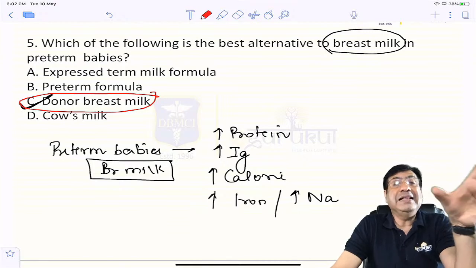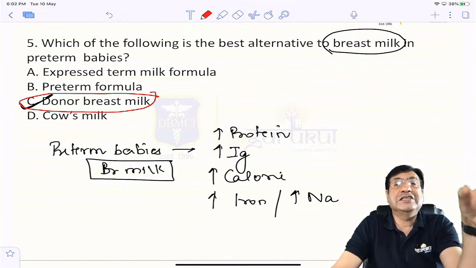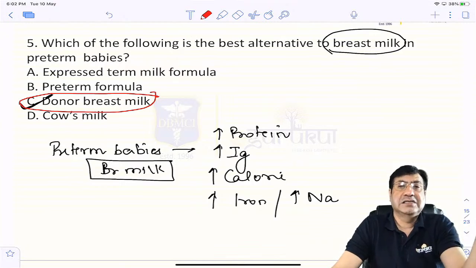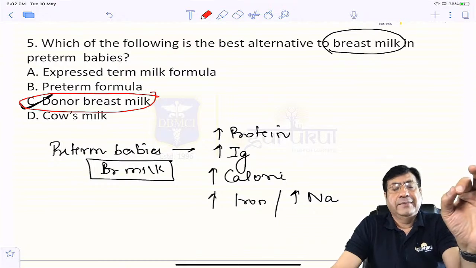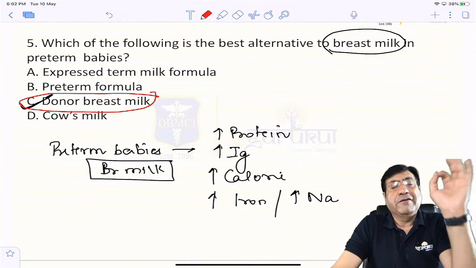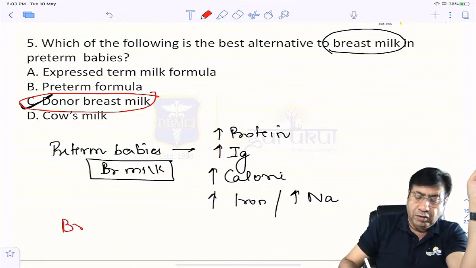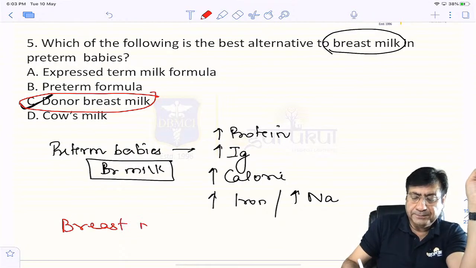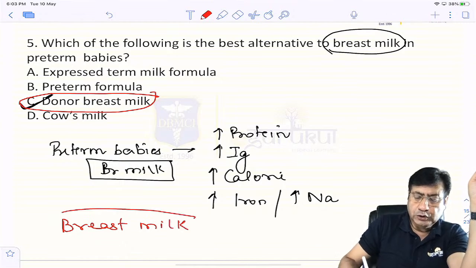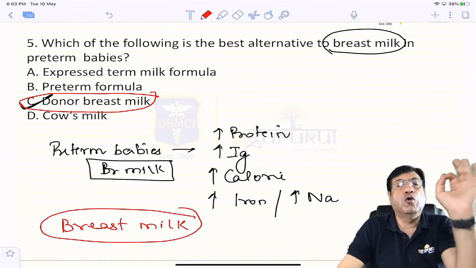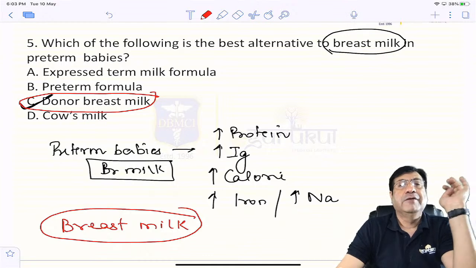So the milk that is being expressed is actually a milk which is for a term baby, and that actually has differences from a milk of a preterm baby. But still, given the fact it's a breast milk, any day I would always say that the breast milk is always the best milk for preterm babies. So your choice should always be donor breast milk is the best milk for preterm babies.